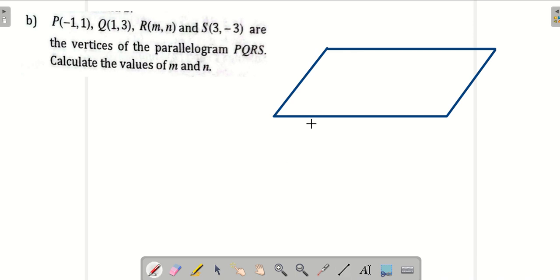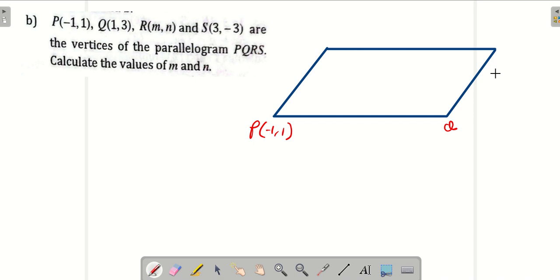So we have P to be -1, 1. We have Q. Now pay attention to how I am writing the coordinates. We don't name it PQ and RS like that. Anytime you name it like that, everything will be wrong.